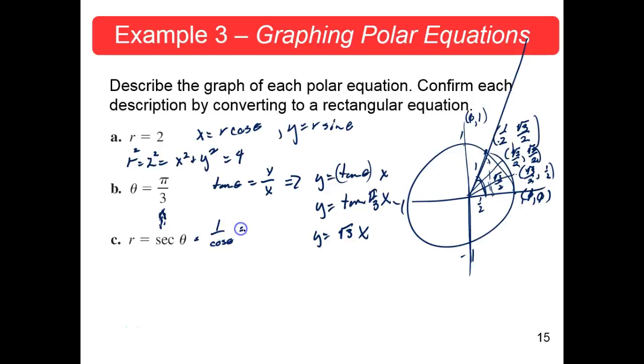Okay, and what is cosine in terms of your ratios? Cosine is adjacent over hypotenuse. Adjacent is your x value. So if cosine is adjacent over hypotenuse, then the secant is going to be hypotenuse over adjacent, right?